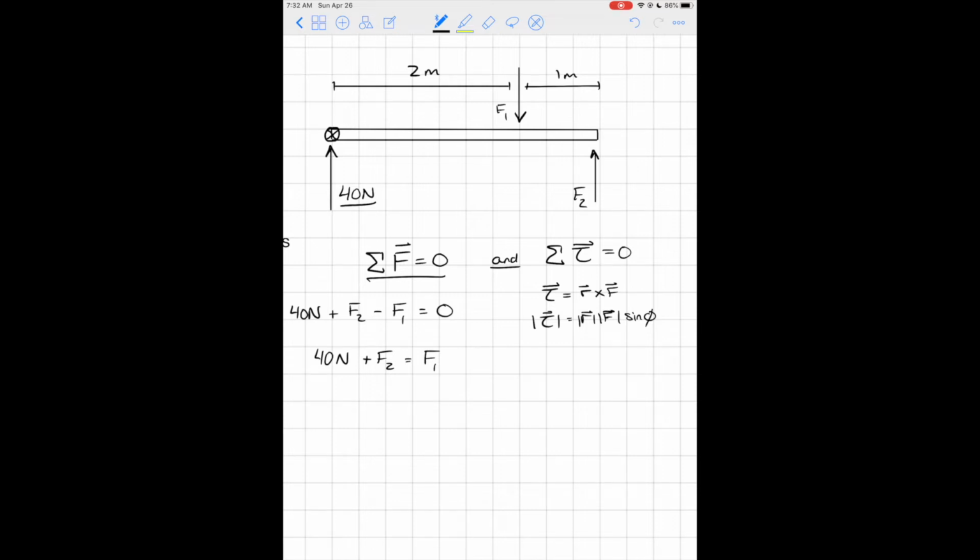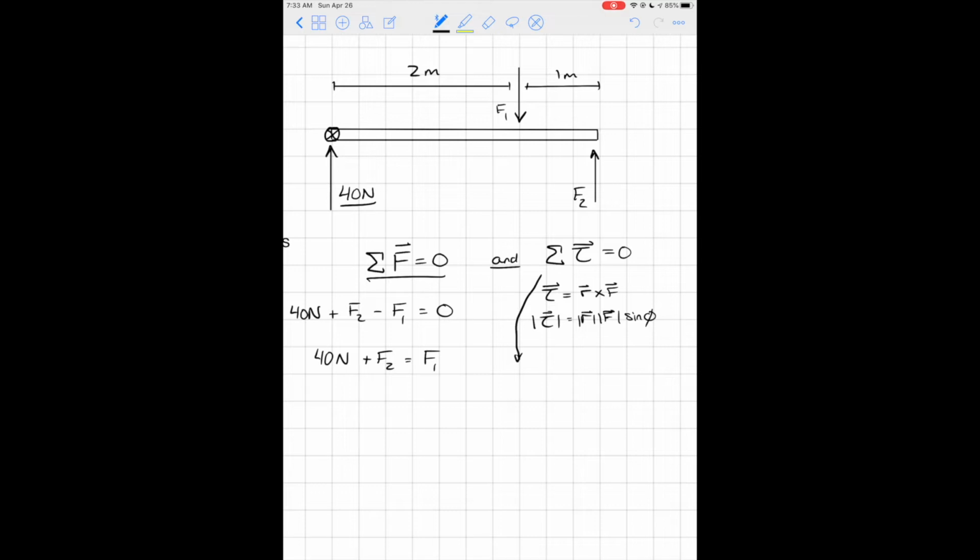If I put my point of rotation anywhere on this rod, any force I look at here is going to be perpendicular to the rod, so sine of 90 will always be true. So I'm just going to leave the sine out from here on out.